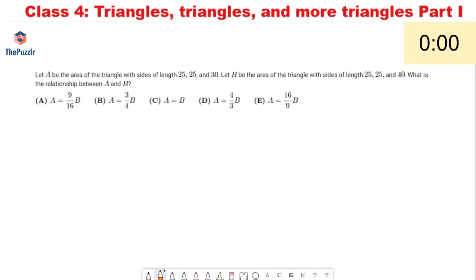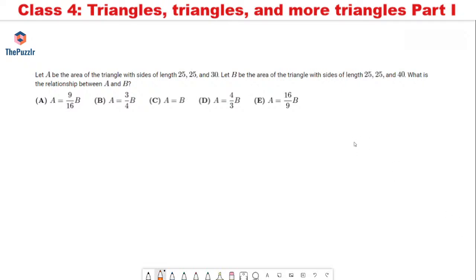Okay, let's see. Let's try solving it now. I think a lot of you are starting to get it. Let's try. So we have a triangle A. Right off the bat, I noticed that both triangles are isosceles triangles. They don't look like right triangles, right?